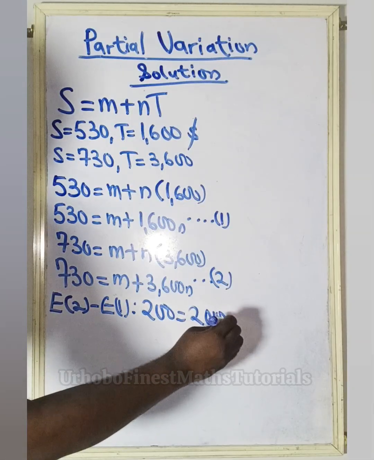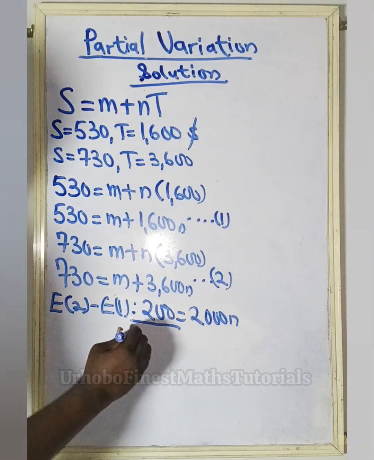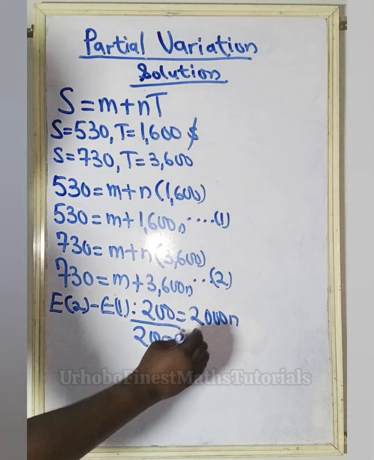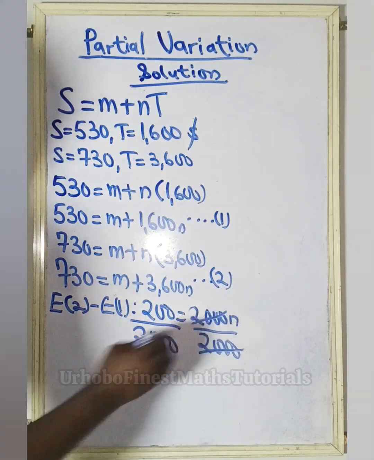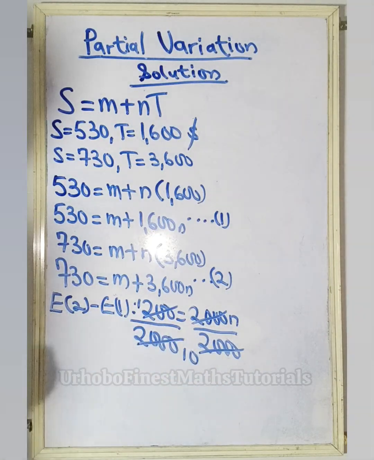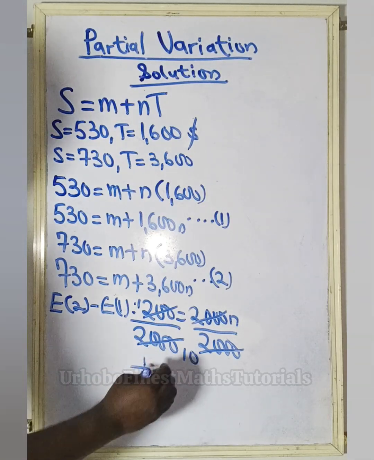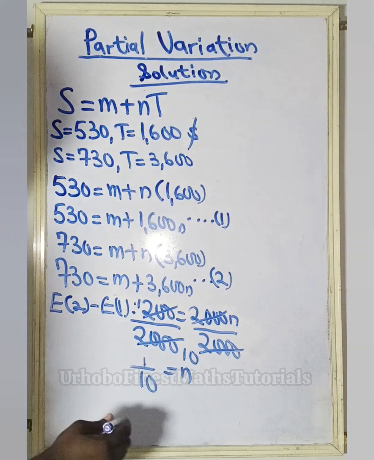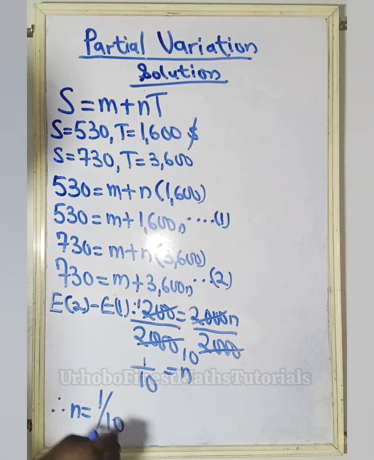At this point, we divide both sides by 2000. So this and this will cancel out. 200 goes into 200 one time, and 200 goes into 2000 ten times. So it becomes 1 over 10 equals n. Therefore, n equals 1 over 10.